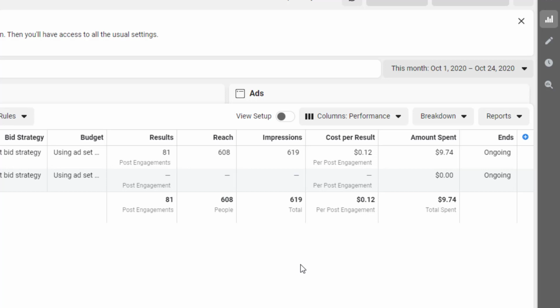That's the difficulty that I've been finding with this campaign, which is that the cost per impression, if you think about it, is actually pretty high, right? $10 to reach 600 people, that's like $15 or so per impression, like CPM.